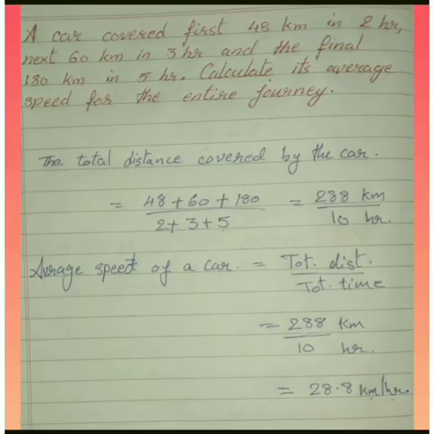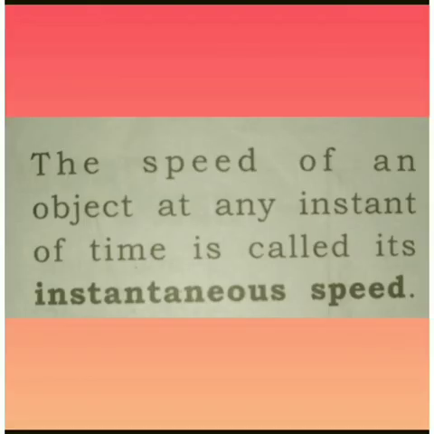Here's an image of an example which we solved right now. There are a few terms here you should know about. First one is instantaneous speed. The speed of an object at any instant of time is called its instantaneous speed.